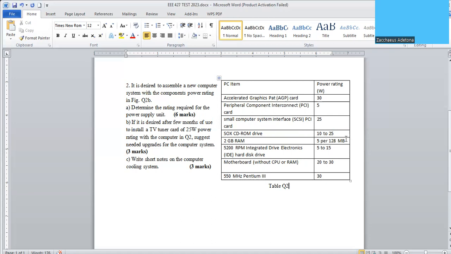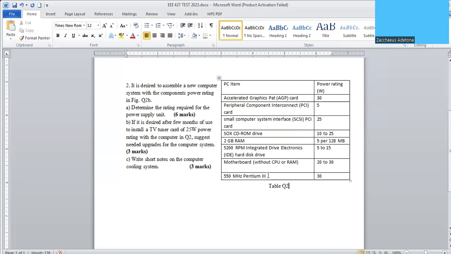CD-ROM drive, 10 to 25. 2 gigabyte RAM, 5 per 128 MB, 1200 RPM hard disk drive, 5 to 15 watts. The motherboard without CPU or RAM, 30 watts. And the CPU here, we have 550 megahertz, Pentium 3, 30 watts.